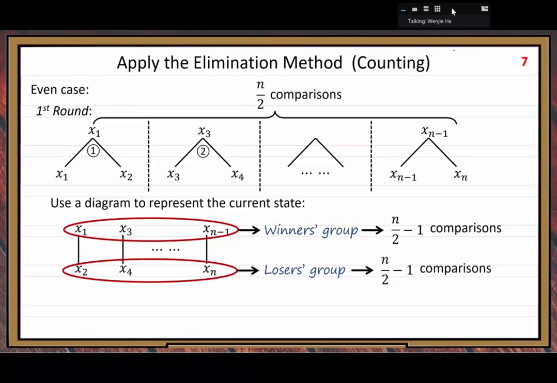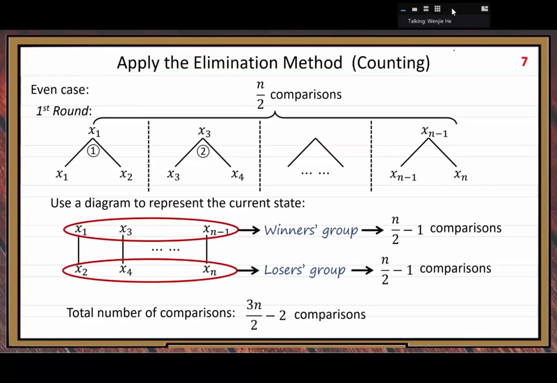For the losers group, finding the minimum takes n/2 minus 1. Add these three subtotals to get the total number of comparisons: 3n/2 minus 2 comparisons.